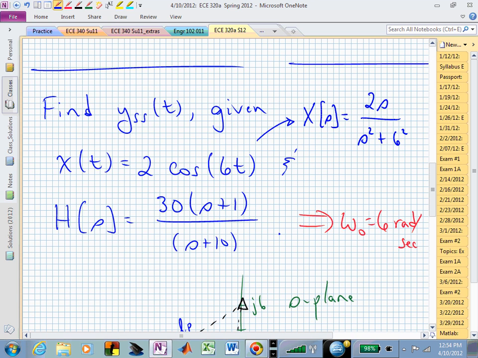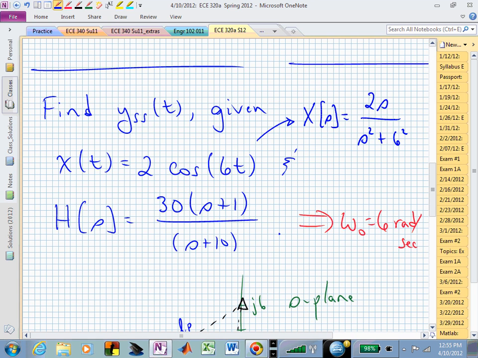And so I could ask this many different ways. I could give you H of s, I could give you the pole zero diagram. Either one, and I could ask you this same question. And I could give it to you as a convolution problem. I could say, here's your x of t. When practically are you going to quit seeing an output? And you would be saying, oh, 5 time constants after the slowest mode in your system.